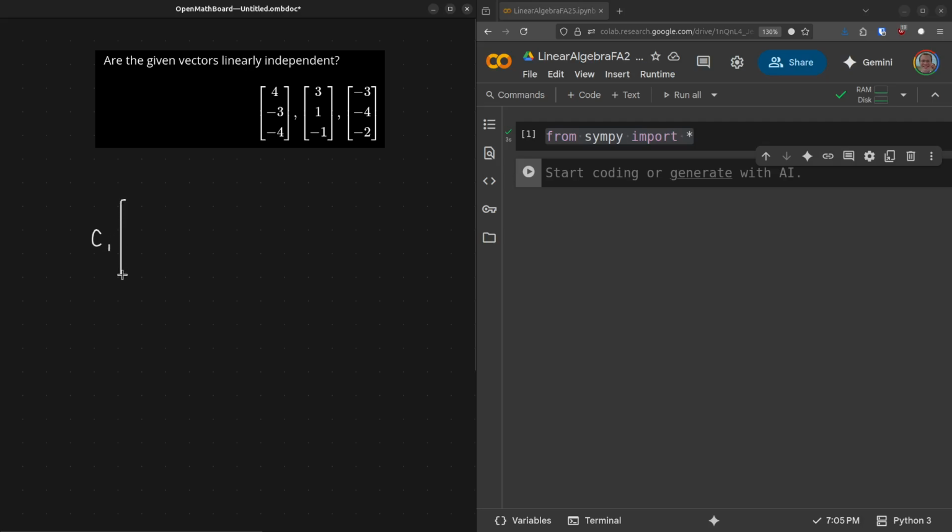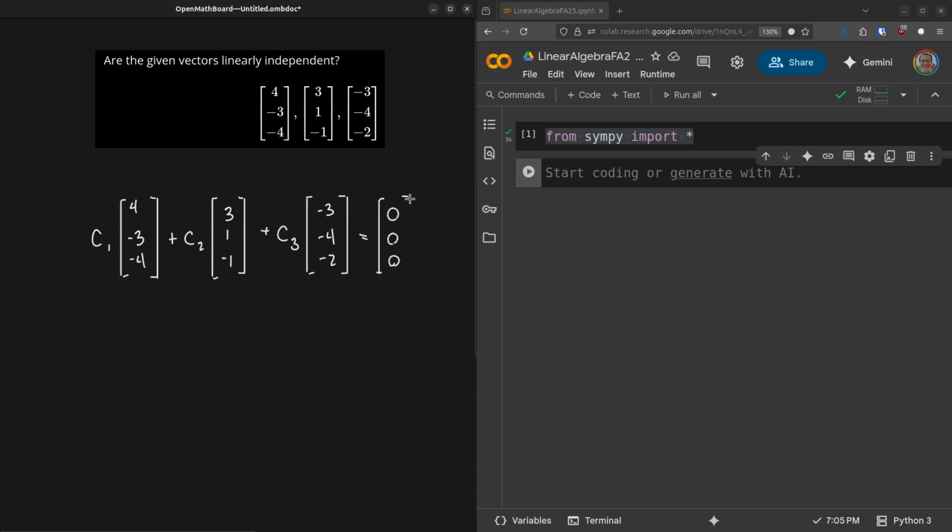If they're linearly independent, then this linear combination equation set equal to 0, the 0 vector, I should say, has only the trivial solution where C1 and C2 and C3 are all zeros.